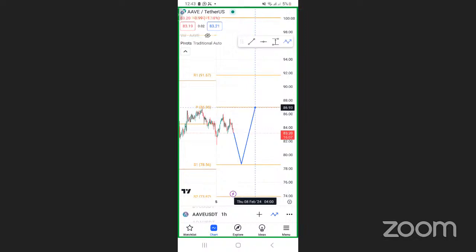So according to this, if I'm to trade Aave, I just wait for a reaction around this level.